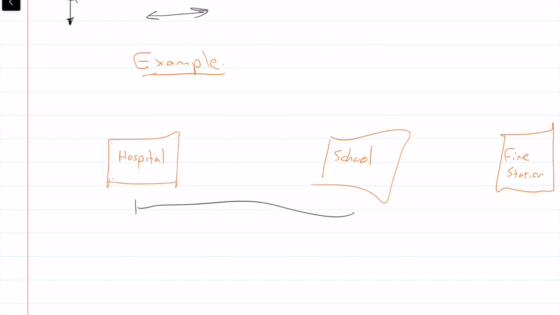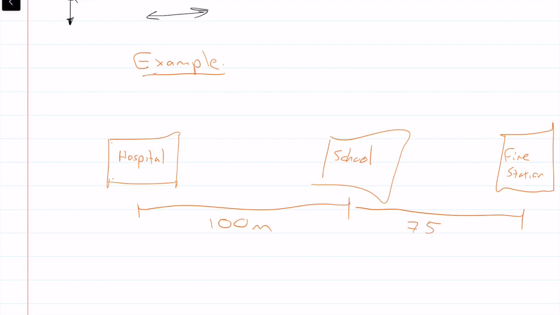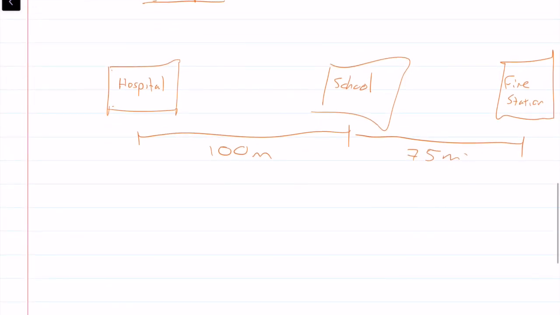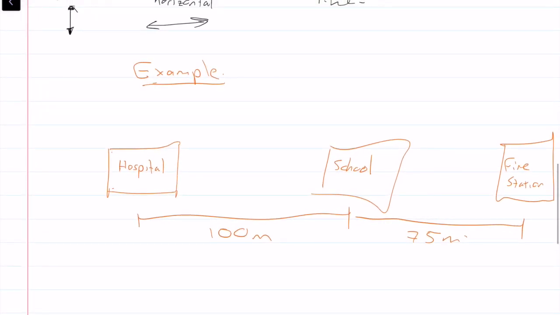Let's say the school and the hospital are 100 meters apart, and the school and the fire station are 75 meters apart. What we want to understand is different reference points.